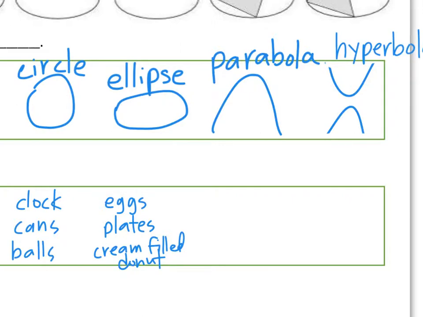Hill? Okay. A banana? Okay. What else? Roller coaster, okay, yep. Some parts of it.